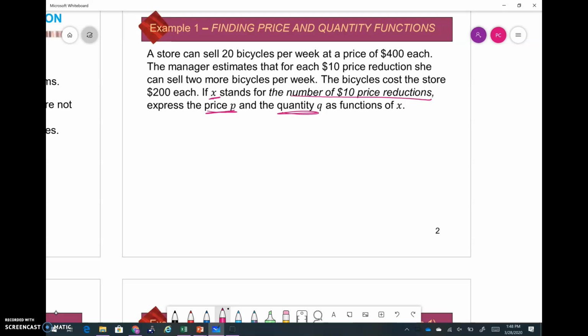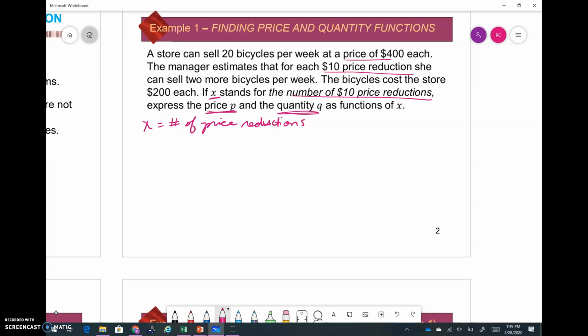All right, we're going to start with a price function. We're going to find P of X. It says that the store can sell 20 bicycles per week at a price of $400 each, and the manager estimates that for each $10 price reduction, she'll sell 2 more bikes. So let me write this out real quick. Our X is equal to the number of price reductions.